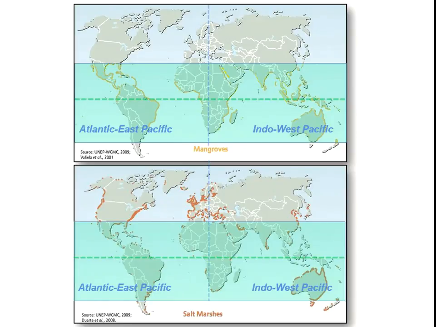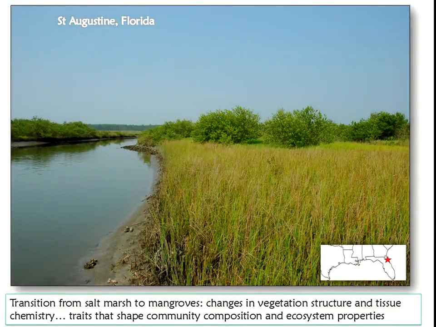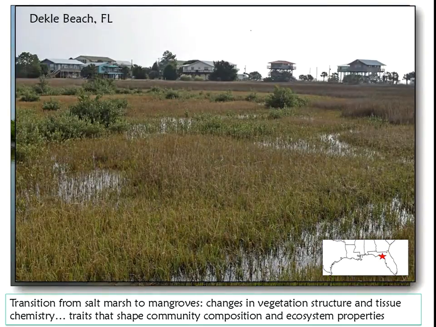So the transition from salt marsh to mangroves looks like this. The vegetation, the structure, the plant chemistry, all these traits are changing and affecting ecosystem processes. This is happening here, but this is also happening other places in the world.